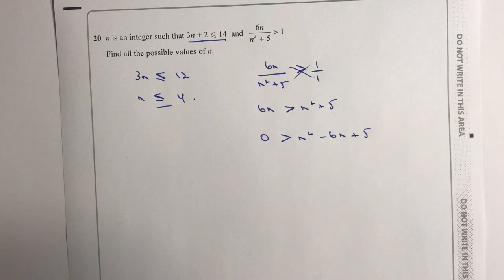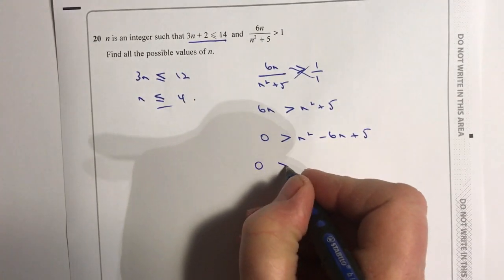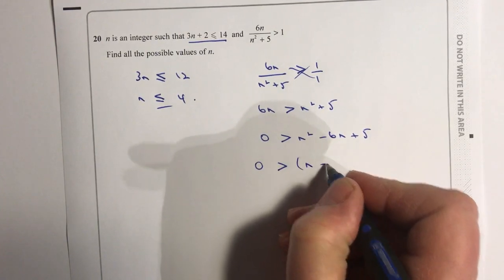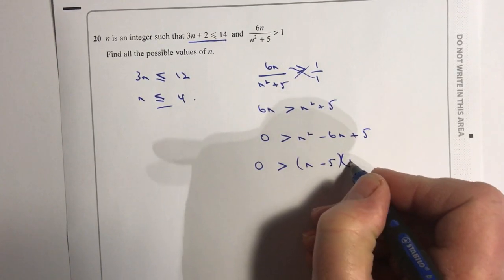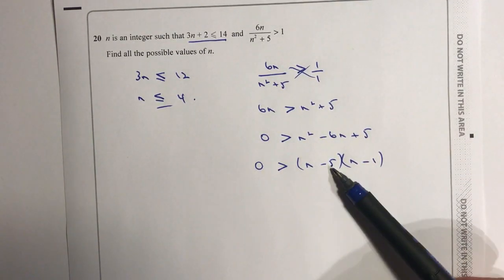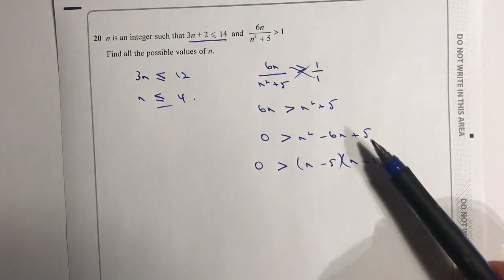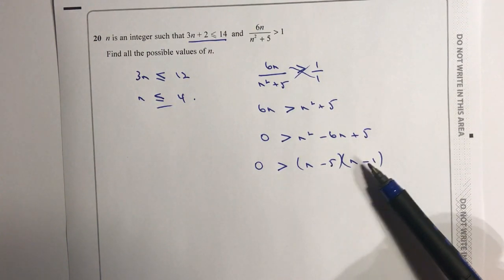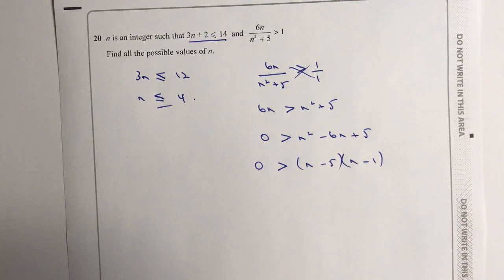I can then factorize that, and I can say 0 is greater than n minus 5 multiplied by n minus 1. Minus 5 times minus 1 is plus 5, and minus 5 minus 1 when added together will give you minus 6.